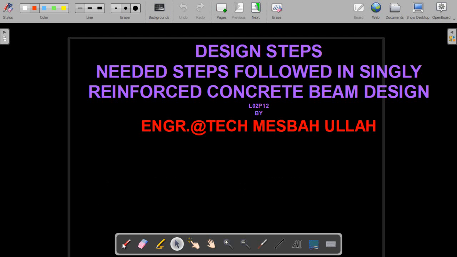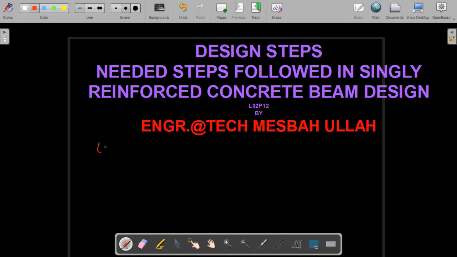Students, finally we reached our desired lecture, in which we will discuss the needed steps followed in the design of a single reinforced concrete beam. As in lecture 01 part 12, I think, we discussed the required steps for the review of any beam section or any concrete section.